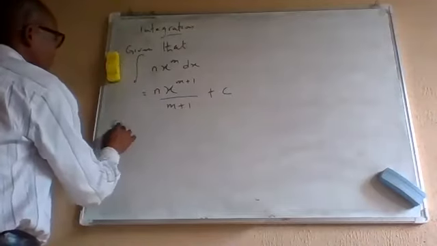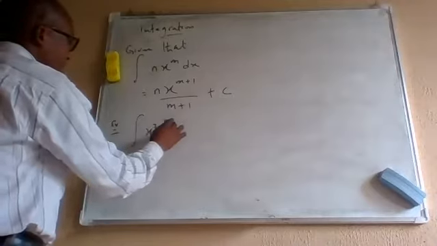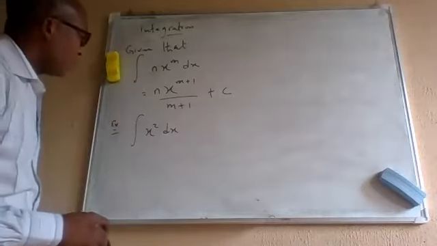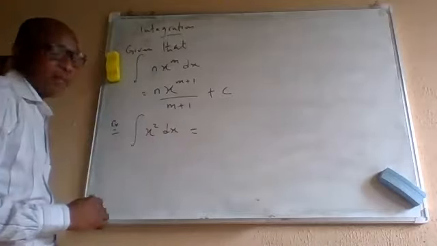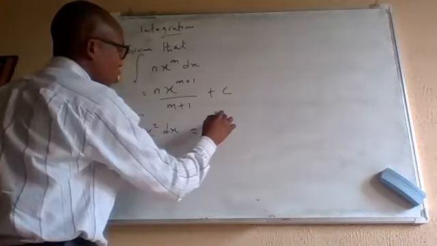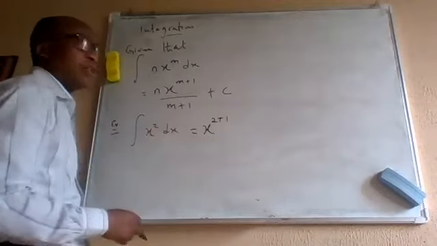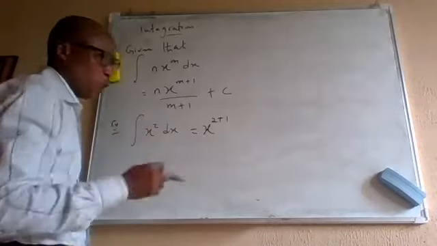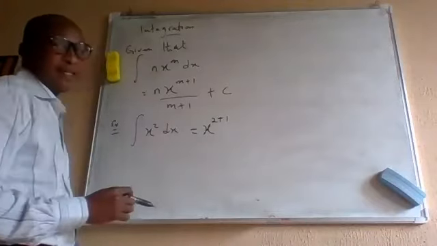Example now. Let's say you are given the integral of s squared dx. You have to integrate s squared dx. What you just need to do is add 1 to the power of s. Already we have 2 there. This will give you s raised to power 2 plus 1. So what you have as a power now, use it to divide. Once you add 1 to the power, you don't put the integral sign again.